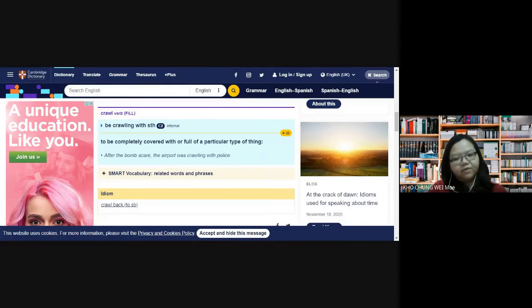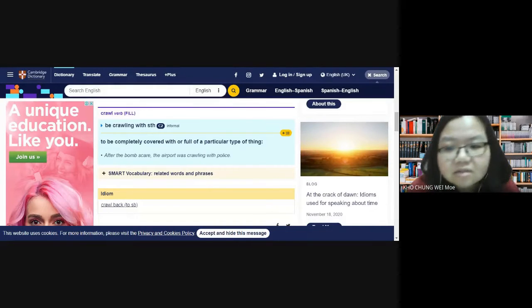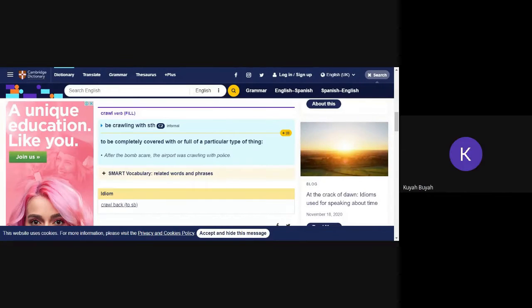Before that, let us read the text. Anyone would like to help me read this? Rabuya, would you mind helping us read this text? Rabuya, can you read this? I cannot see.